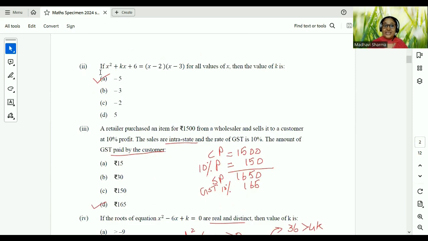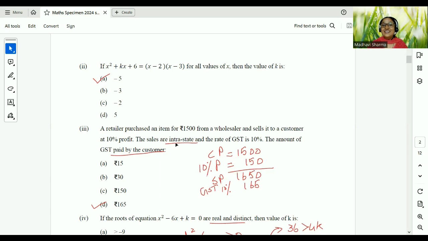Number 2. If x square plus kx plus 6 is (x minus 2)(x minus 3) for all values of x, then the value of k is minus 5. It's very easy, children. Third one, a retailer purchased an item for 1500 from a wholesaler, so CP is 1500, sells it to a customer at 10% profit, so 10% profit is 150.